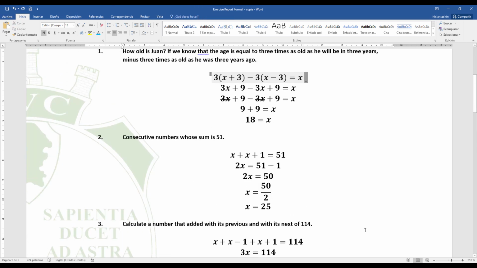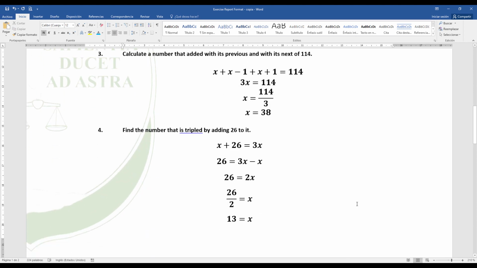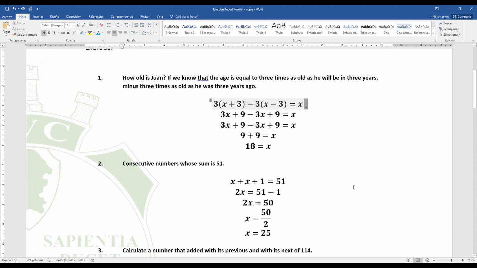Now what you need to do is check if that value is correct. How do you do that? You need to use that value to substitute.